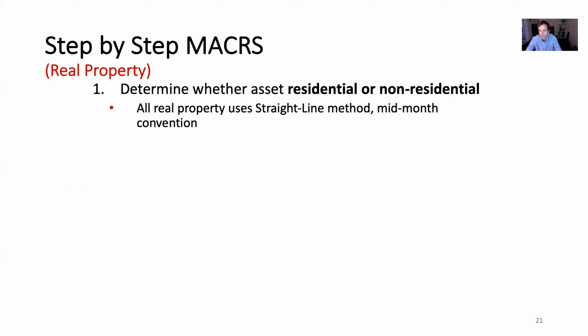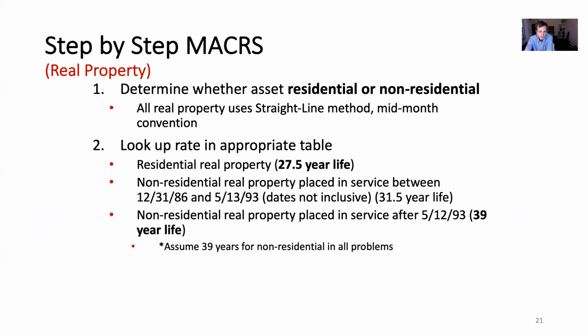So all we have to do on real estate really is figure out, is this residential or non-residential? Then I'll look at the right table. And once I have the percentage from the table, it's the same thing. I take the original basis of that real estate asset times the percentage from the table for that year.